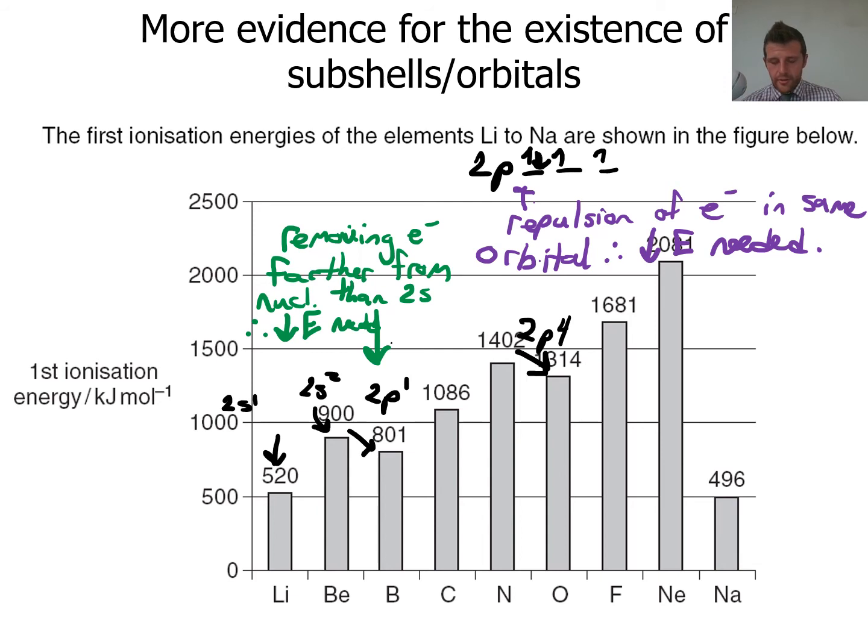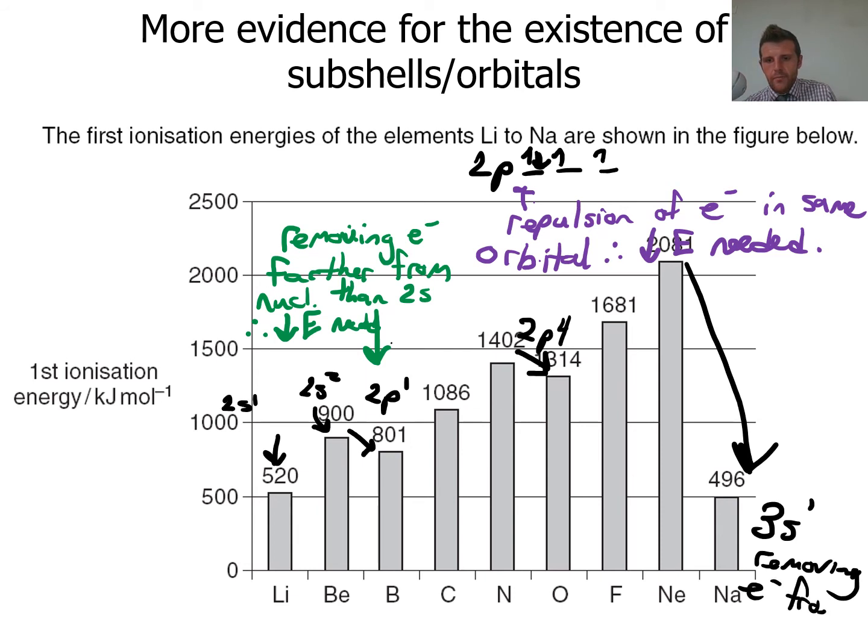Across the period, meaning across the row, this same pattern follows true, where it goes up, down, up, down, up, way down. And this way down is just going from 3s1, meaning we're going to be removing an electron from the third energy level.